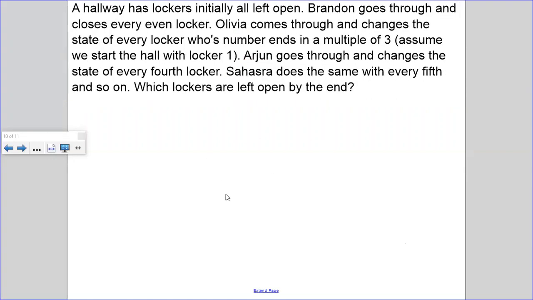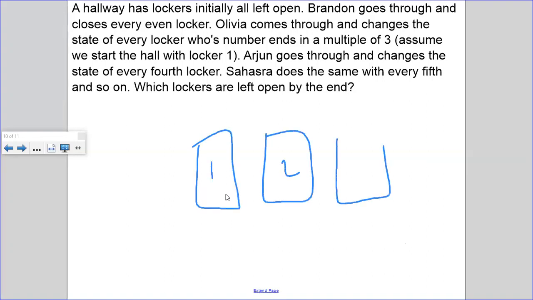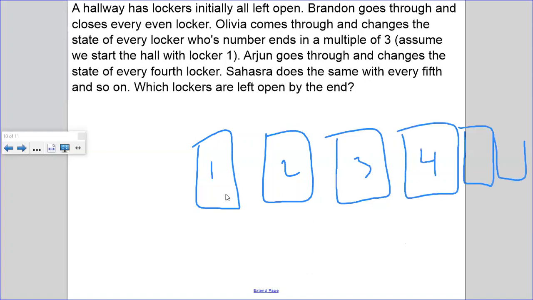So we start off with locker 1, 2, 3, 4, 5, 6. Originally they were all open. Brandon goes through and closes every even locker. So now these ones are closed. Olivia goes through and changes every multiple of 3.